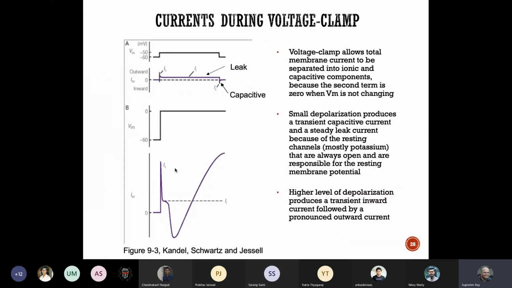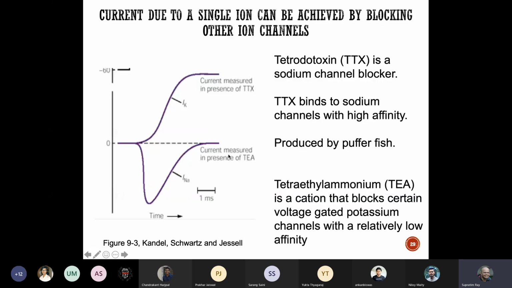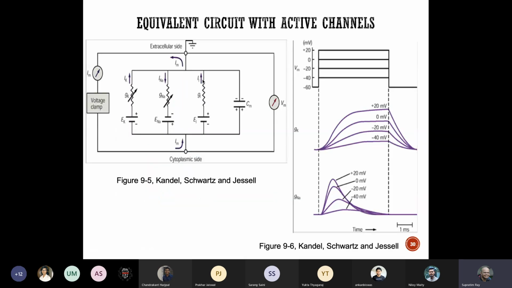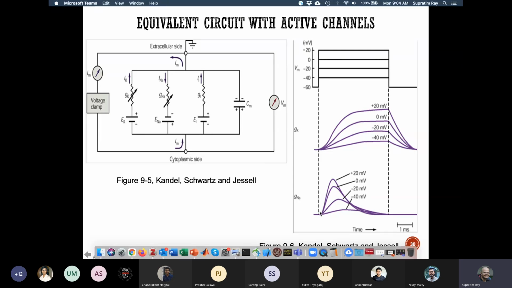Hodgkin and Huxley found that when you do that, the current changes in a particular way, and you can break it down into the constituent sodium and potassium currents. This shows that the sodium conductance, and sodium ion channels in general, open up very quickly and then close, giving this sort of conductance profile, while potassium ion channels slowly open and stay open.